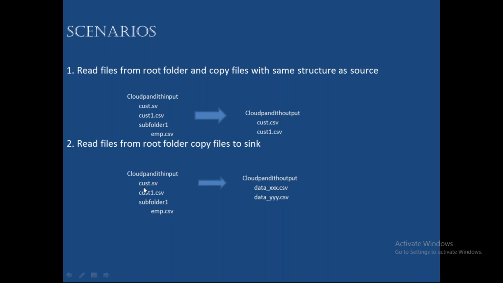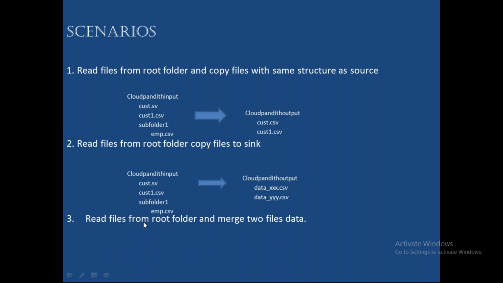I want to pick files from the root folder only. Now I am renaming these two file names; these names will be generated by your copy activity automatically. You cannot control that. If you want the same names, you need to go with the previous requirement. If you want new names generated by the copy activity, you need to go with this requirement.